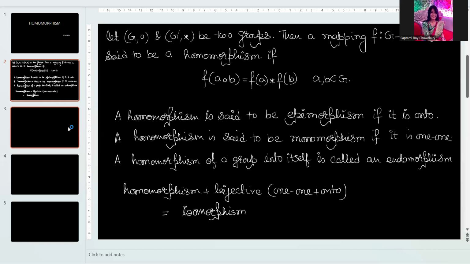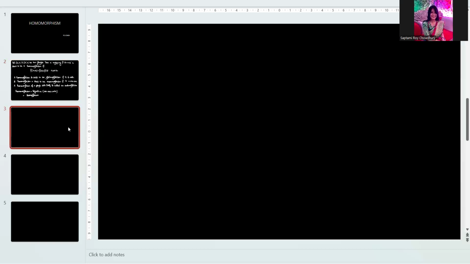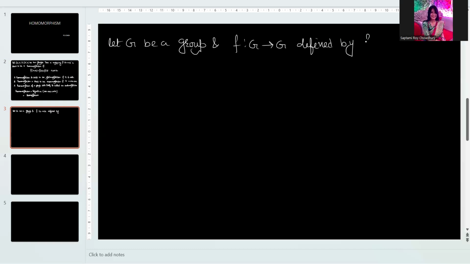Next, we will take an example. Just write it down. Let G be a group and f a mapping from G to G. That means this is an endomorphism defined by f of x equal to x inverse.